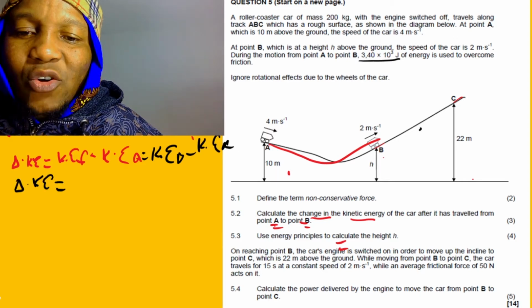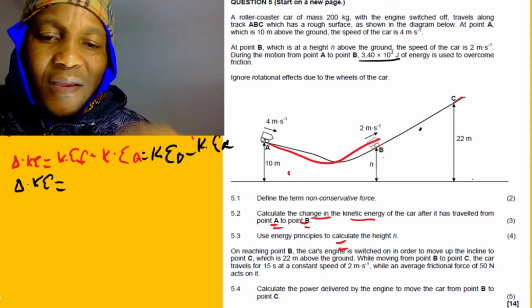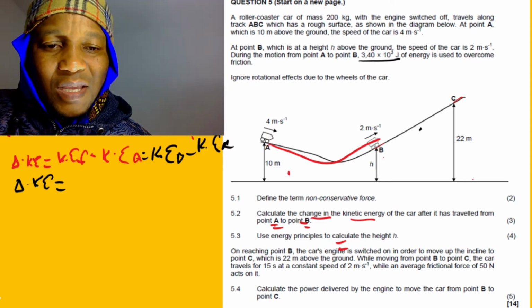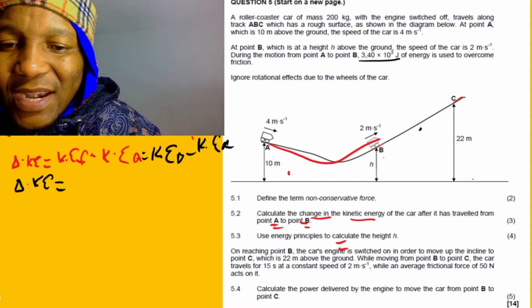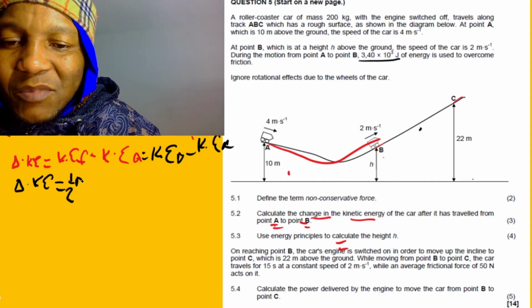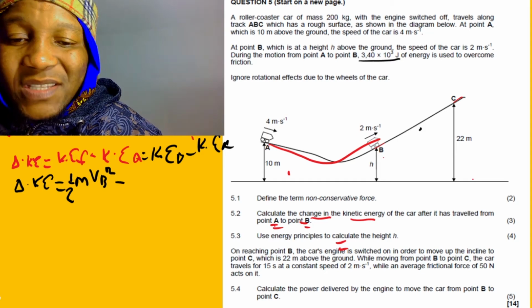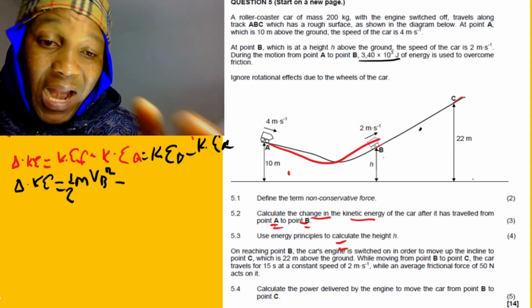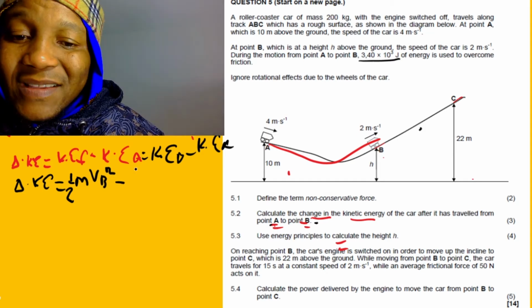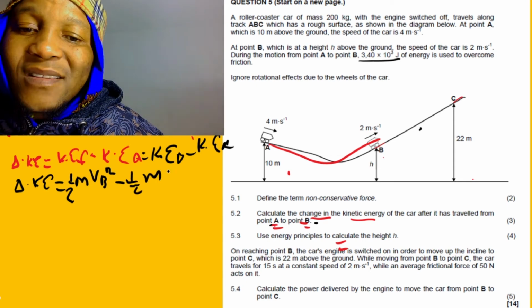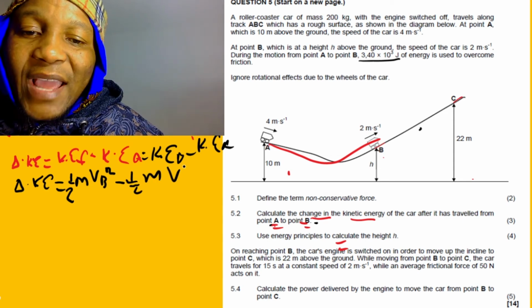Kinetic energy is a half times mass times velocity at B square, because final is at B, minus a half mass velocity at A square.